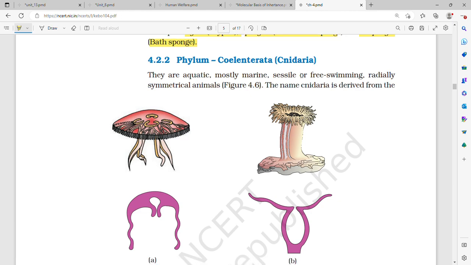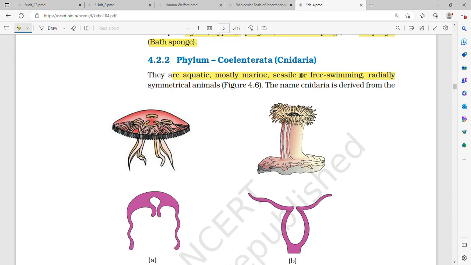Then phylum Coelenterata or Cnidaria. They are aquatic, mostly marine.